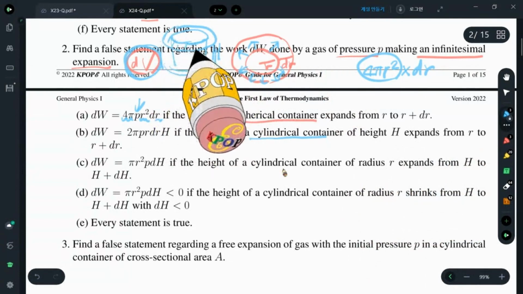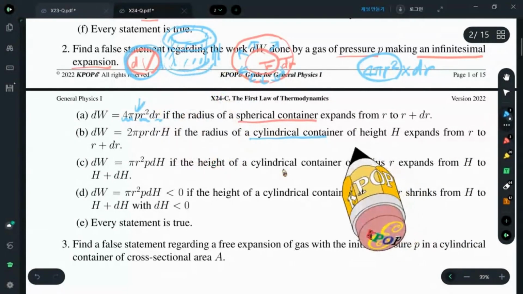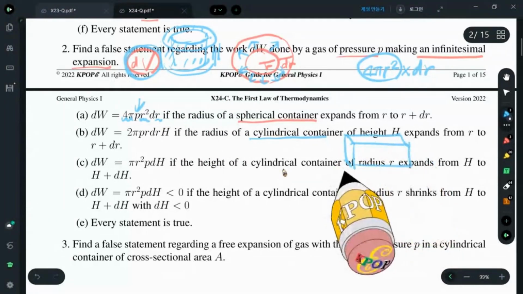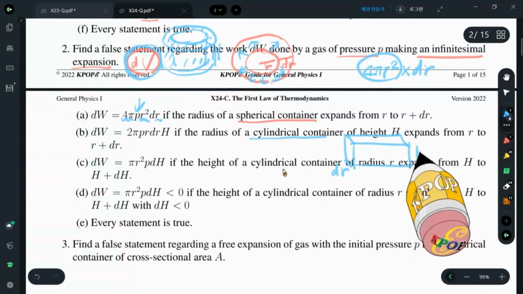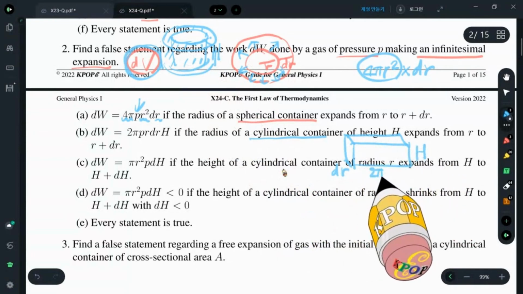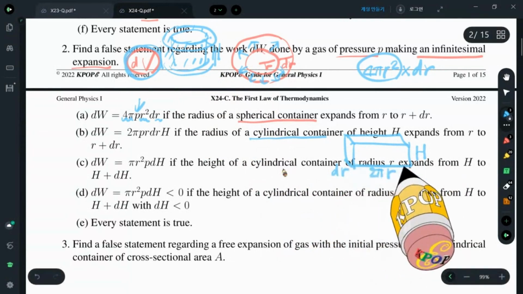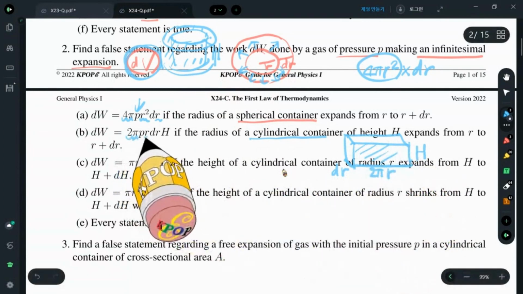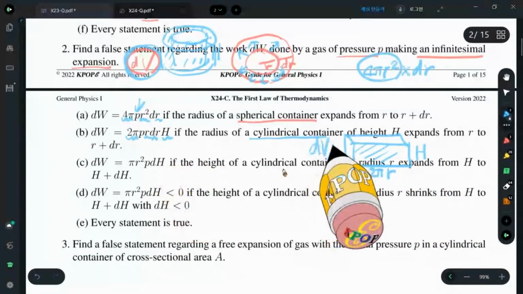Then the volume change is, we have dr, and the area is h multiplied by 2 pi r. So the thickness, the width, the height, so 2 pi r dr multiplied by h should be the change in volume.